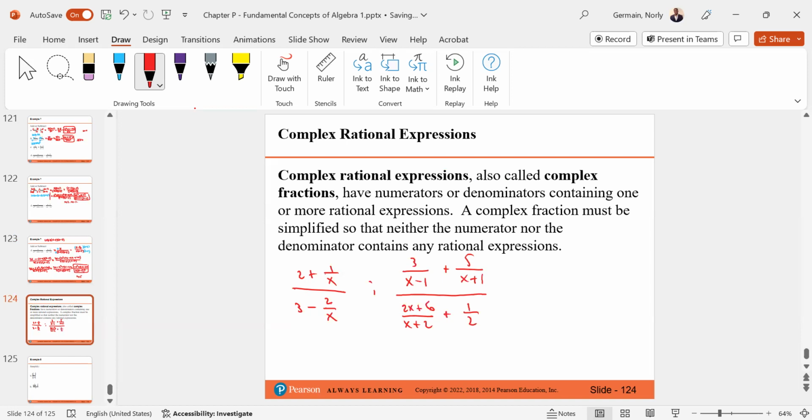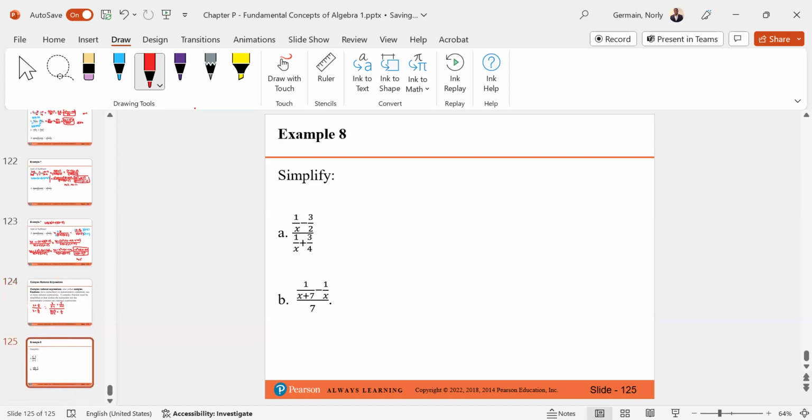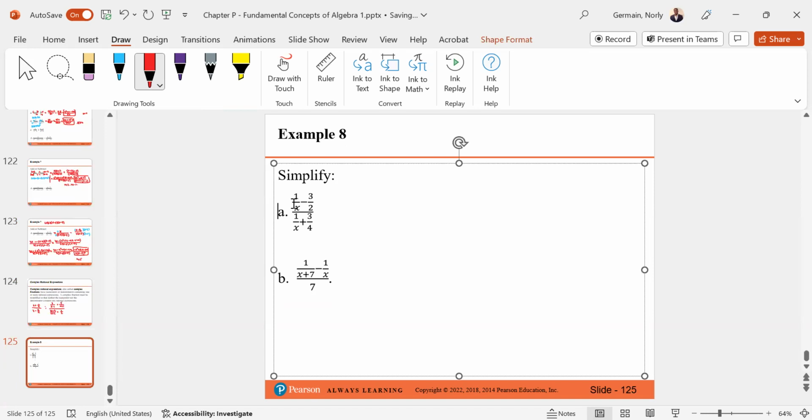You can have something like that, however complex it is. But you need to simplify the top by itself and the bottom by itself. We have one example we want to do, maybe 2 examples. We're going to start with the first one, and maybe leave the second one for you.